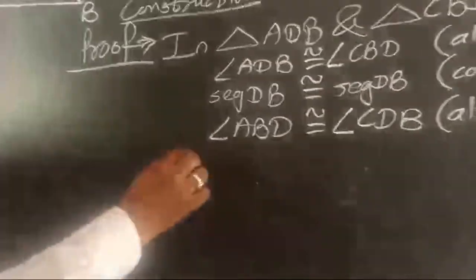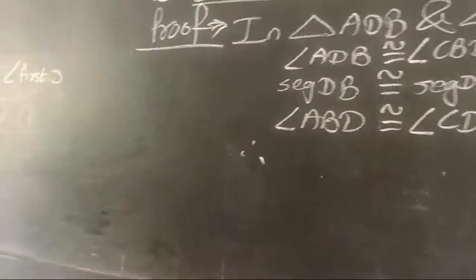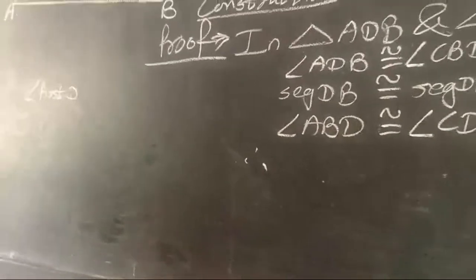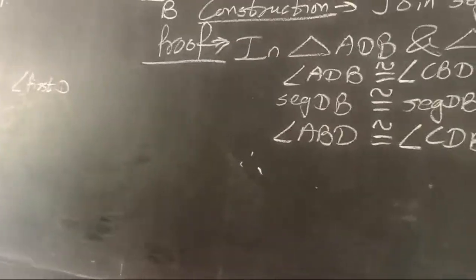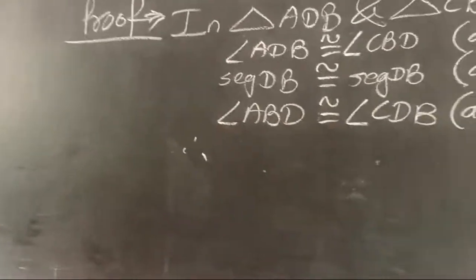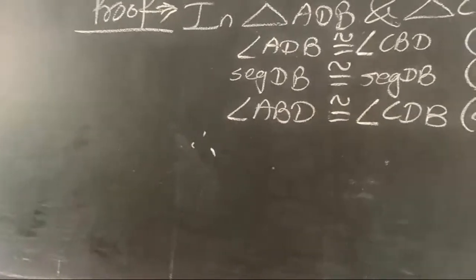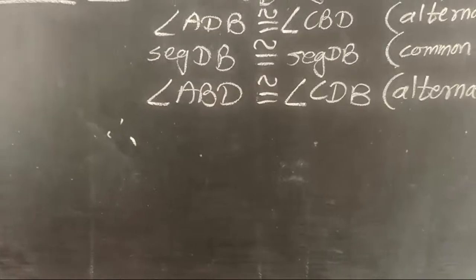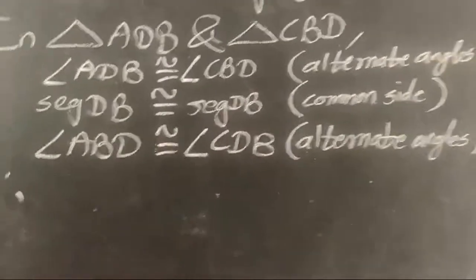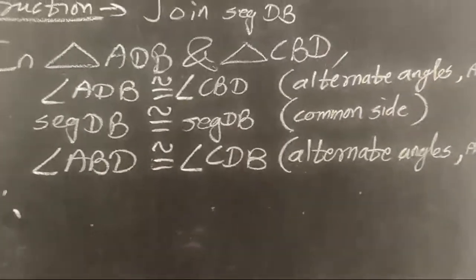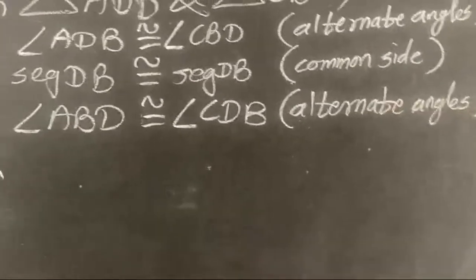Therefore, we get three conditions here. Correct, good. Triangle ADC. Where is ADC? Is this the first or second?